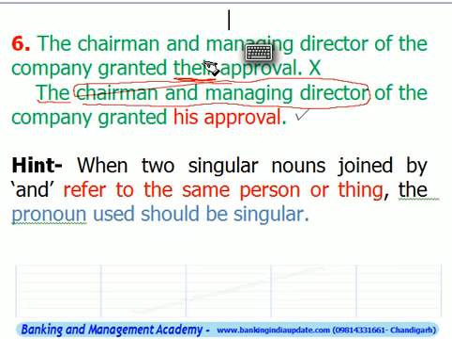So, instead of using their, we supply a singular pronoun. The chairman and managing director of the company granted his approval is correct.